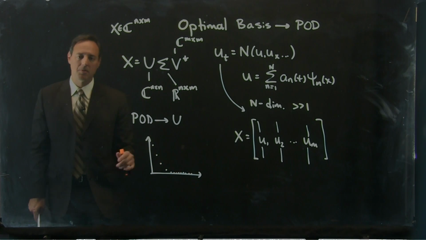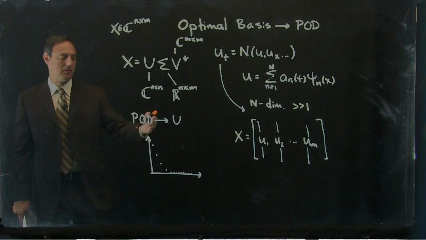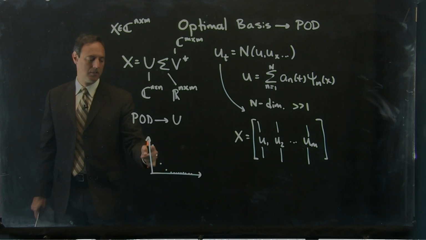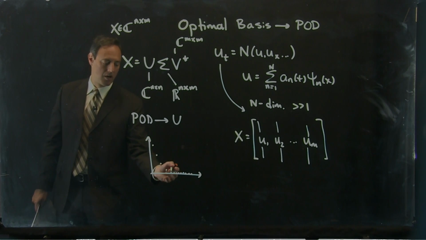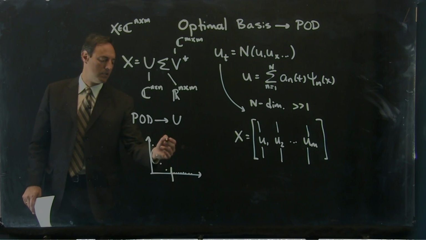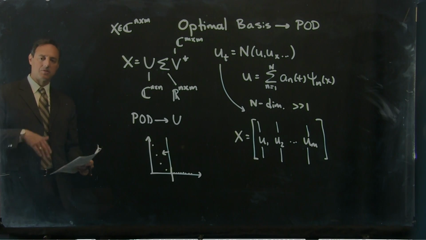So this is how we're going to start thinking about basis selection. We're going to select basis from this U, but we're going to truncate and cut off at some point and say we're only going to take a small sample of modes, all the ones over on this side that have a certain amount of variance.